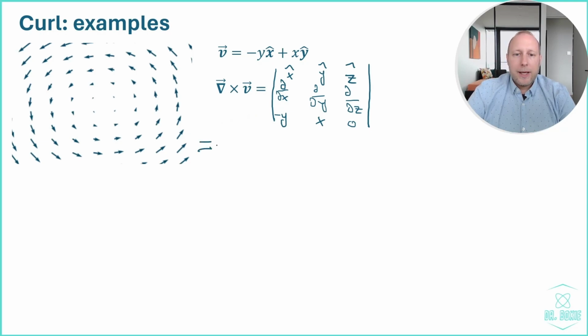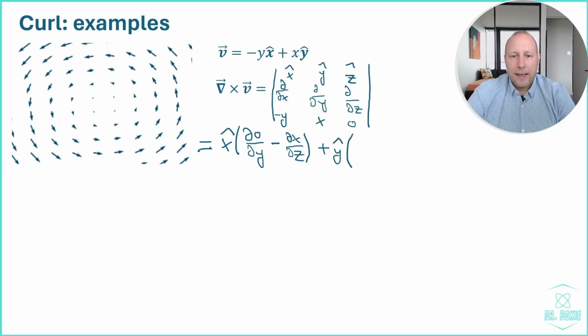And if we calculate this, we get x hat multiplied by the derivative of 0 with respect to y minus the derivative of x with respect to z. Both of these are 0, so the component in the x direction is just 0. Plus, in the y direction, we would get y hat multiplied by d of minus y with respect to z minus d of 0 with respect to x.